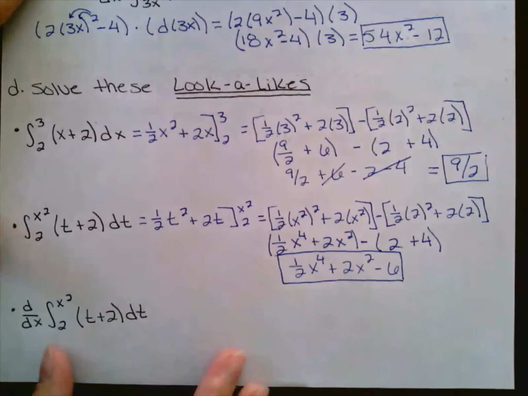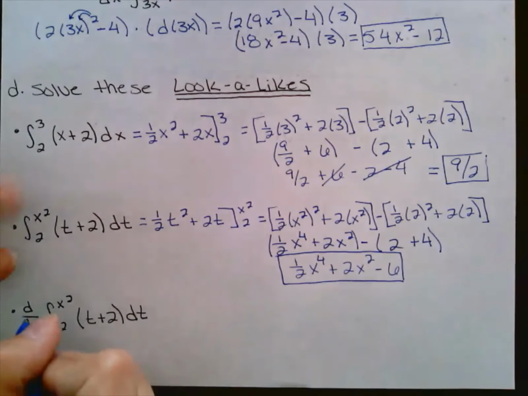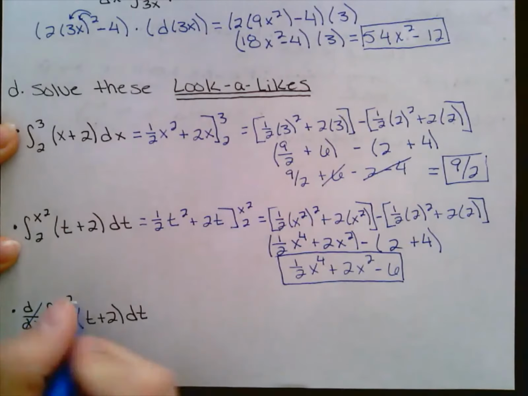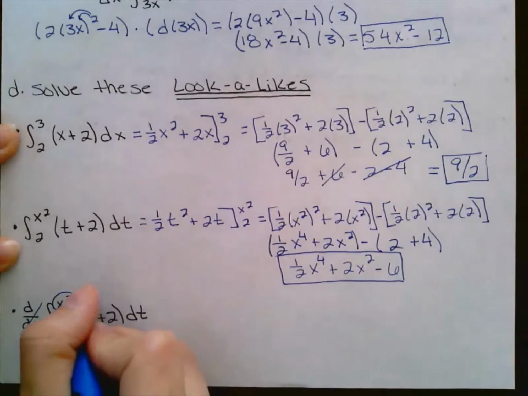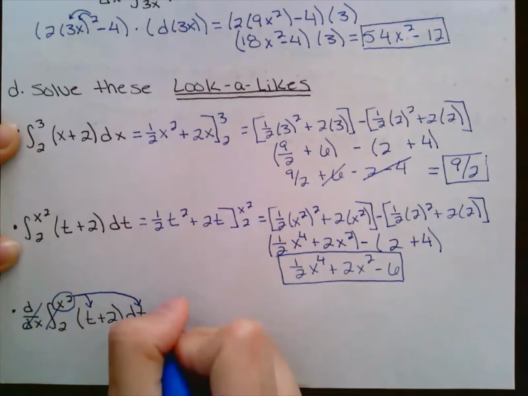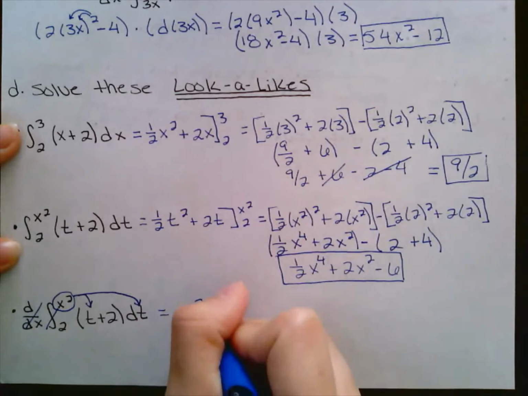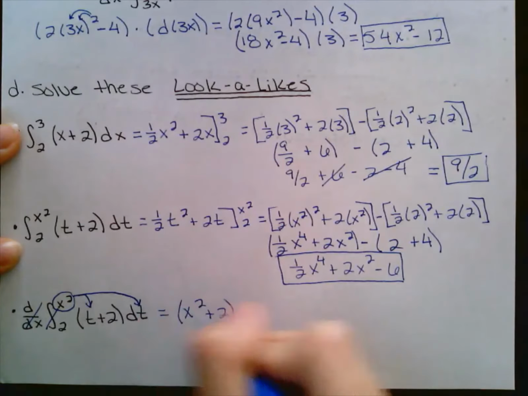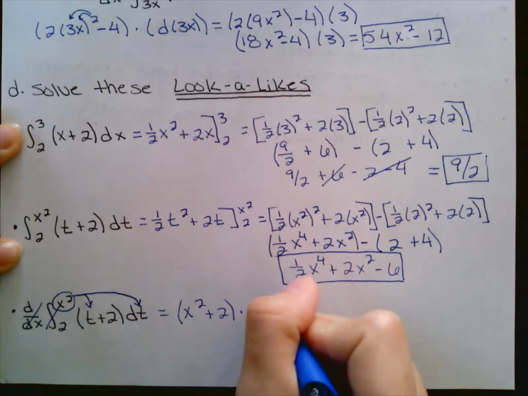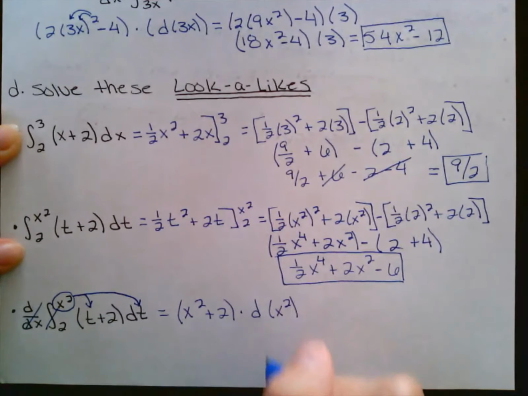All right. And our last example, when we do have the derivative of an integral, derivatives and integrals cancel. My function gets plugged into the variable t. So I have x squared plus 2 times derivative of x squared. Derivative of x squared is a 2x.